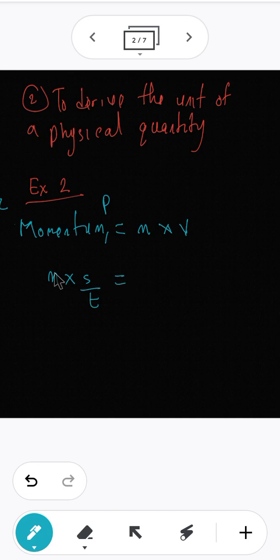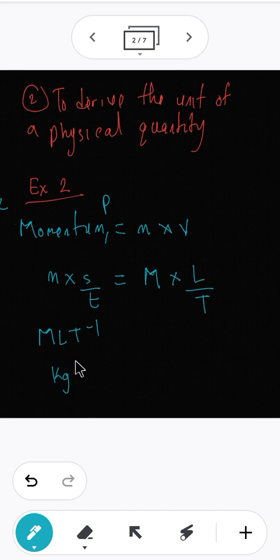So the dimension is going to be capital M times distance. This is capital L over time. So the dimension is going to be MLT minus 1. Now from the dimension, you can easily get the units. The dimension M stands for mass, so the unit of mass is kilogram.